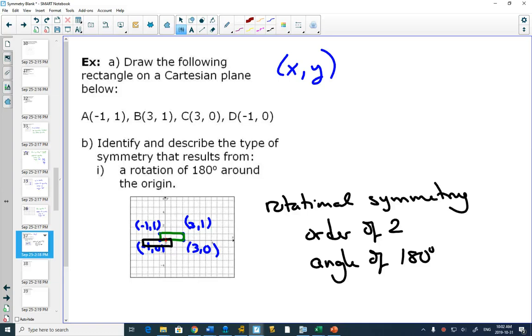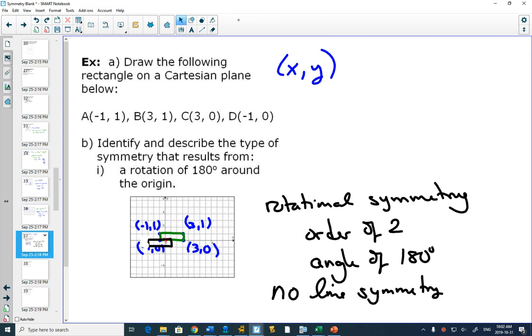But when we look at our final answer here, I'm a little bit off on my drawing. It should have ended right there. This one has no line symmetry.